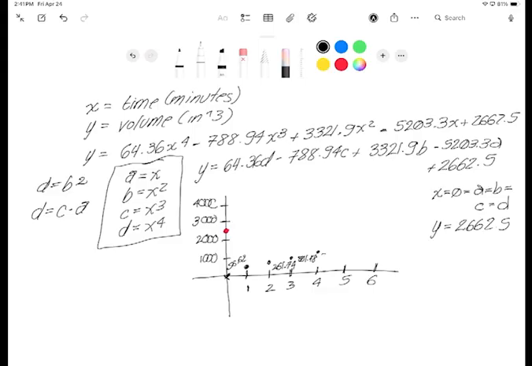At 4, it's 983.7. At 5, it's 1,301. And at 6, we have 4,030.62. Since this is another outlier, I'm going to put it in red. So overall, this is what our function would look like that was given to us by Excel.